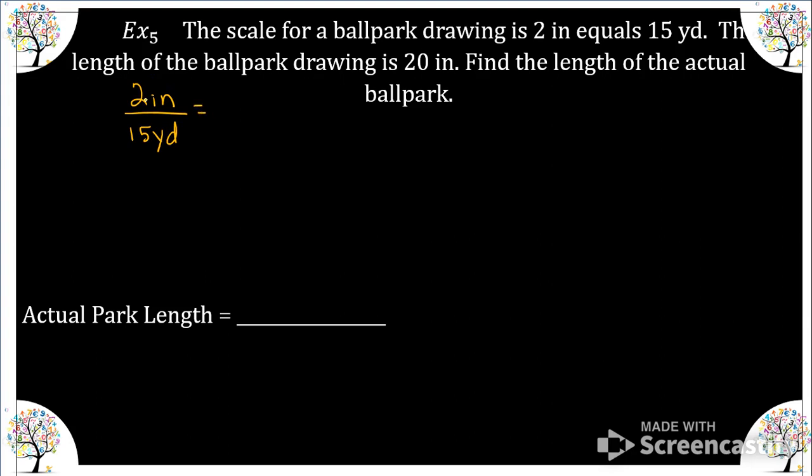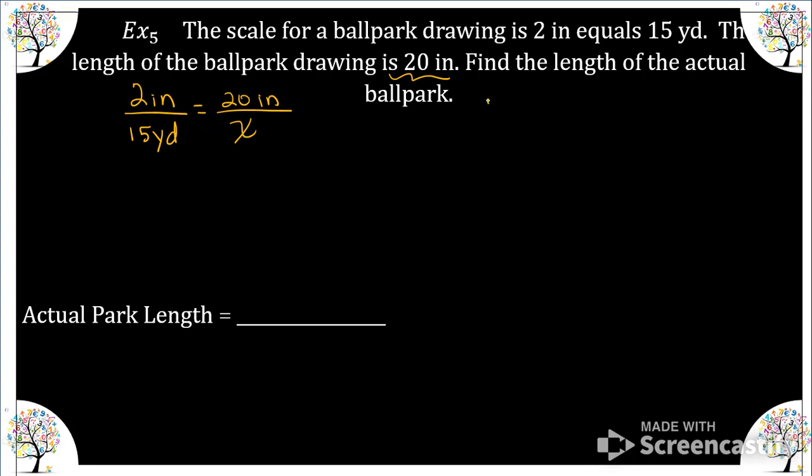So 2 inches is talking about the drawing, and they give us a measurement for the drawing. So we're going to make sure we have inches to inches. So this is the drawing and the drawing. And then we want to know what is the actual length of the ballpark.